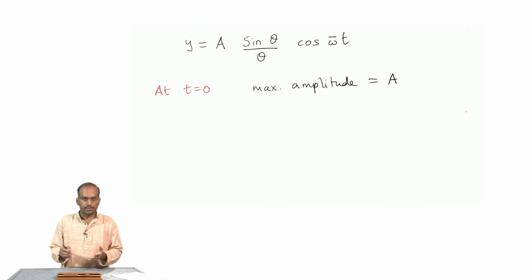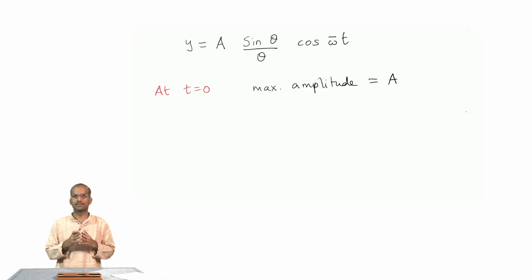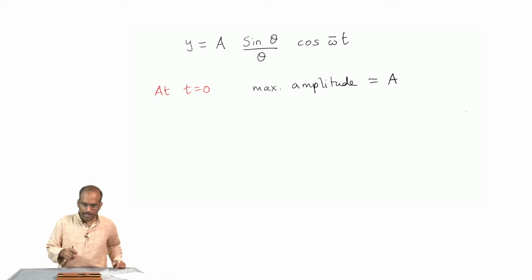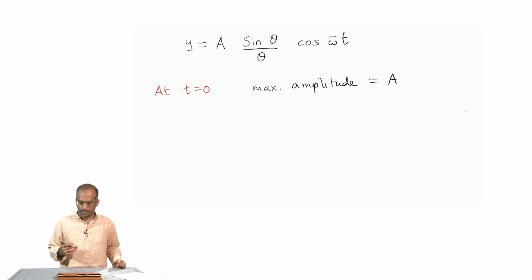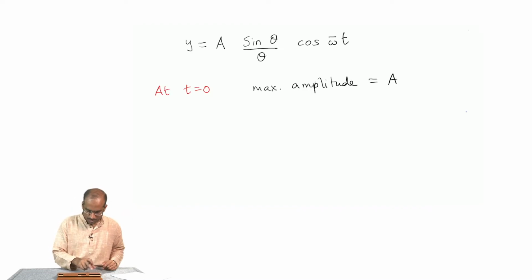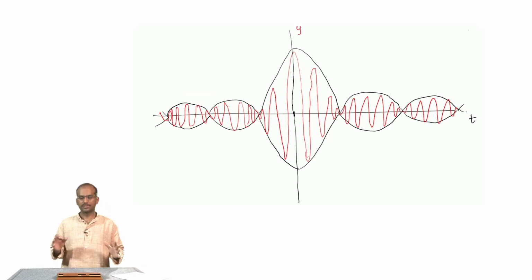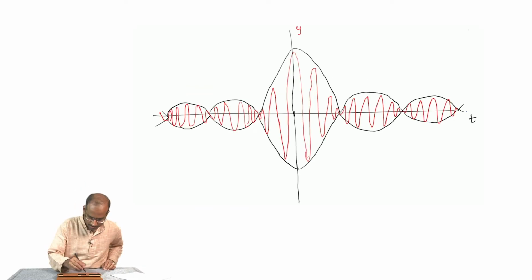So, I have two parts to this y. One is cos omega bar t, which is simply a cosine function. So, it would oscillate at frequency omega bar. On the other hand, I have this amplitude which itself is time dependent, and this average frequency is of course the slower component, and this is going to oscillate much faster. So, now if I put all this information together, this is what I will get.